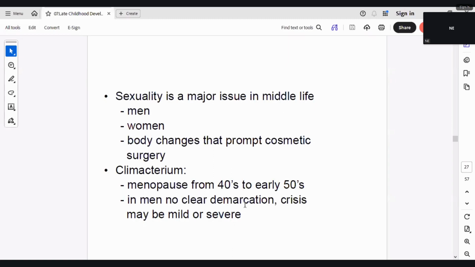With men, again, the crisis may be mild or severe, because with men there's no clear demarcation as there is in women, where menopause impacts quite strongly, at a physical level but also at a psychological level.